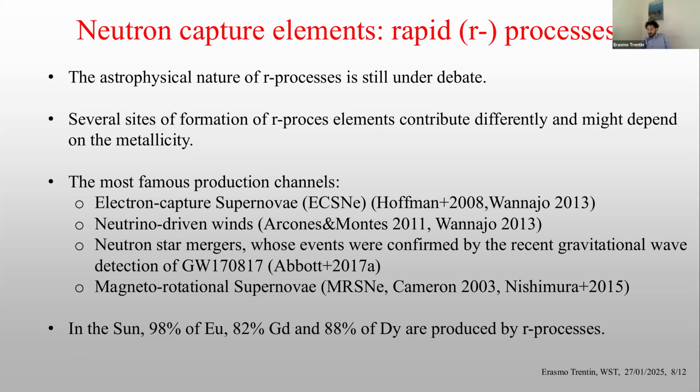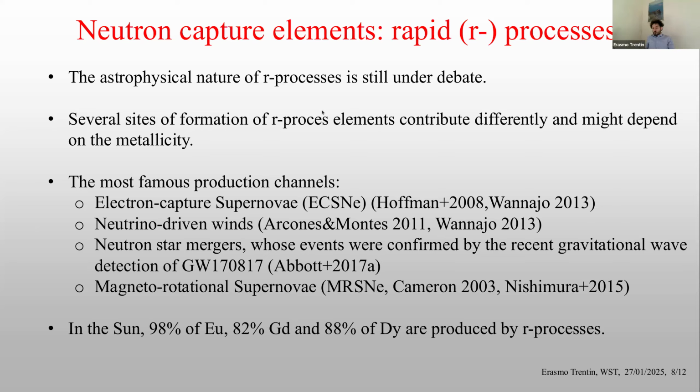In particular, in the Sun, 98% of europium, 82% of gadolinium, and 88% of dysprosium are produced solely by R processes. So as you can see, if you manage to estimate the right elements, there is some way to study the different nature of the slow and the rapid process.